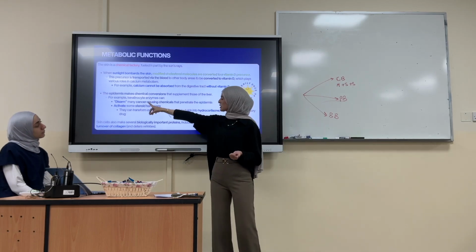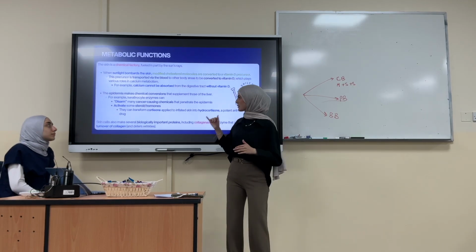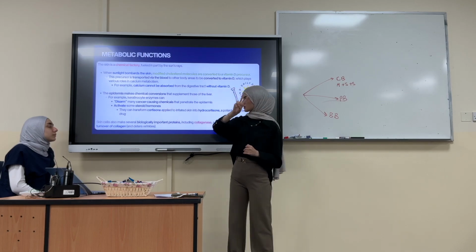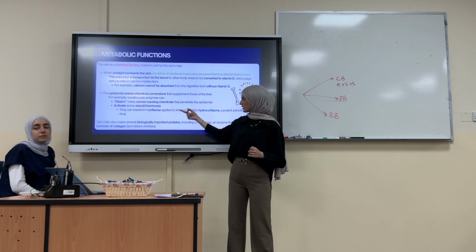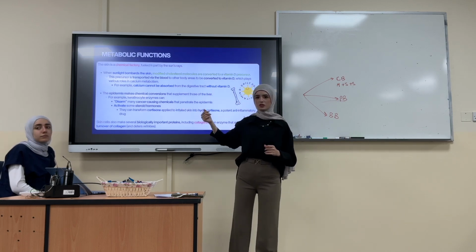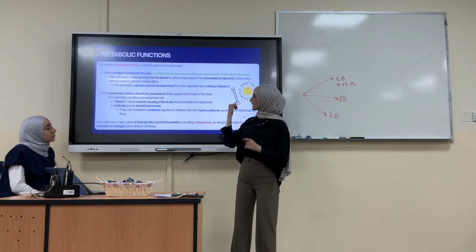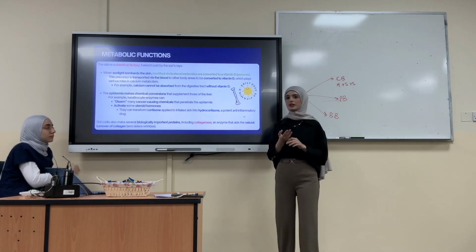The epidermis can also make chemical conversions that supplement those of the liver. An example is the keratinocyte enzymes. They do two things: they internalize harmful substances, and they can prevent cancer-causing chemicals from penetrating into the skin. They can disarm cancer-causing chemicals that penetrate the epidermis.